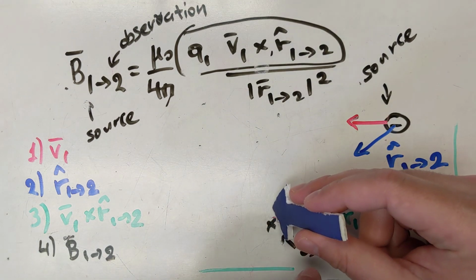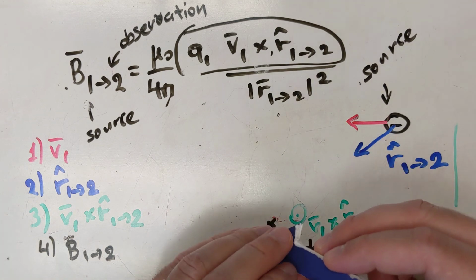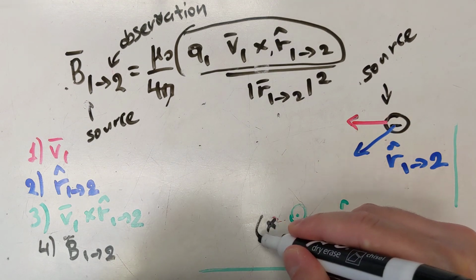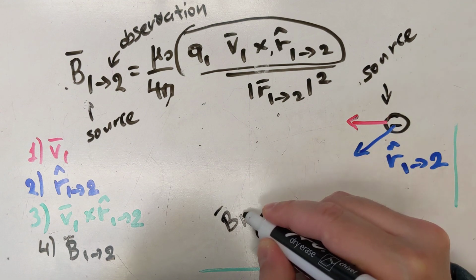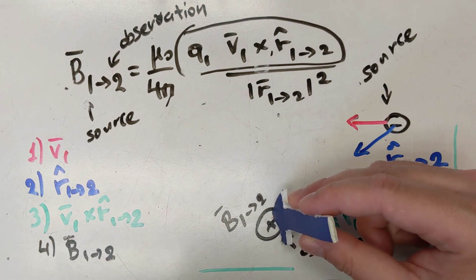So the magnetic field goes into the page at the observation location. This is B, that the source charge creates at this location. It goes into the page.